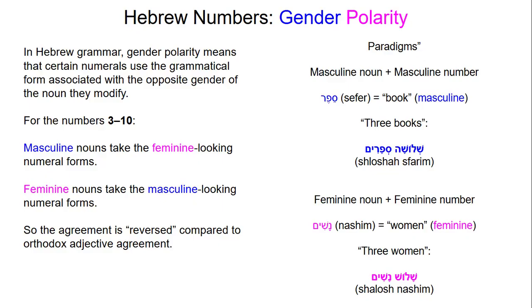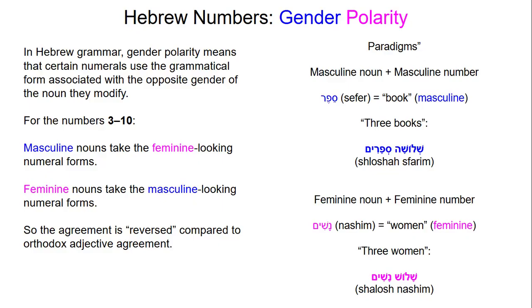So here are some paradigms to help us out with this and to get even more crystallization surrounding this phenomenon in Hebrew numbers regarding gender polarity, right? When you have a masculine noun, that's always going to link up and connect with a masculine number. So for example, the Hebrew word sefer.